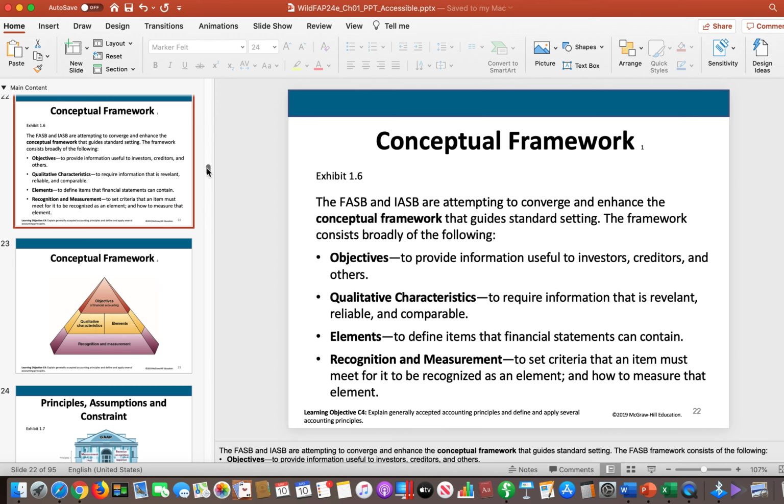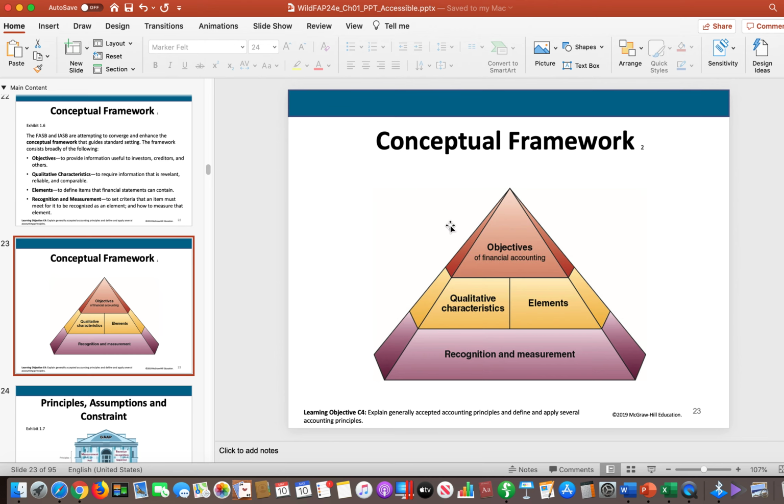And as I said, GAAP wants the information to be relevant, reliable, and comparable, and so does IFRS. And then they describe the elements, that is, what should be contained in a financial statement. And then there's something called recognition and measurement. So you see here, you have the objective to provide information.